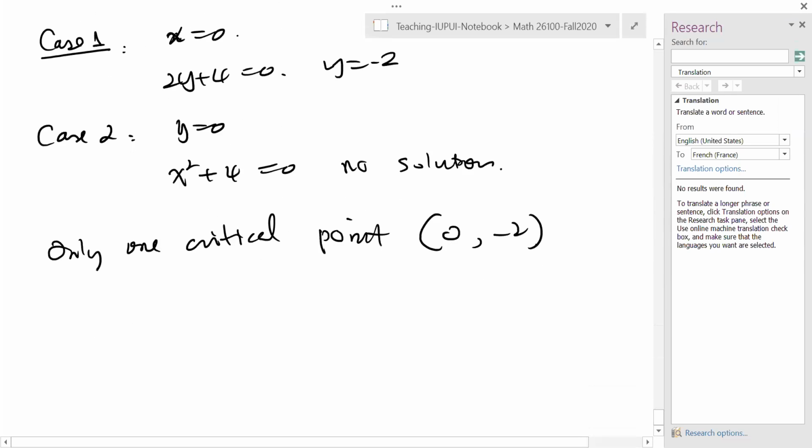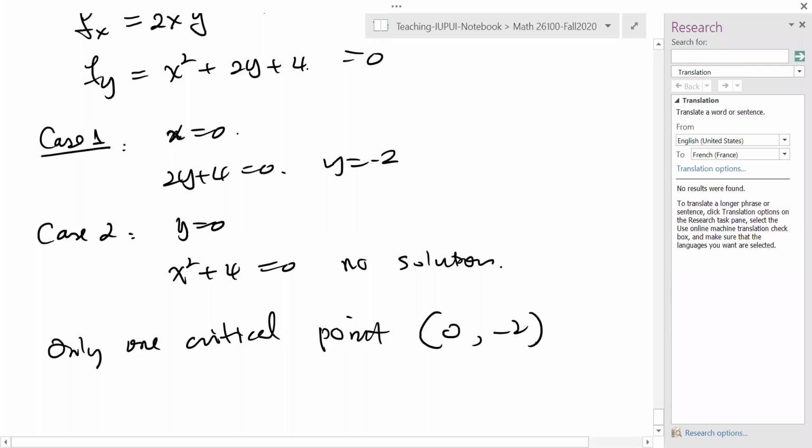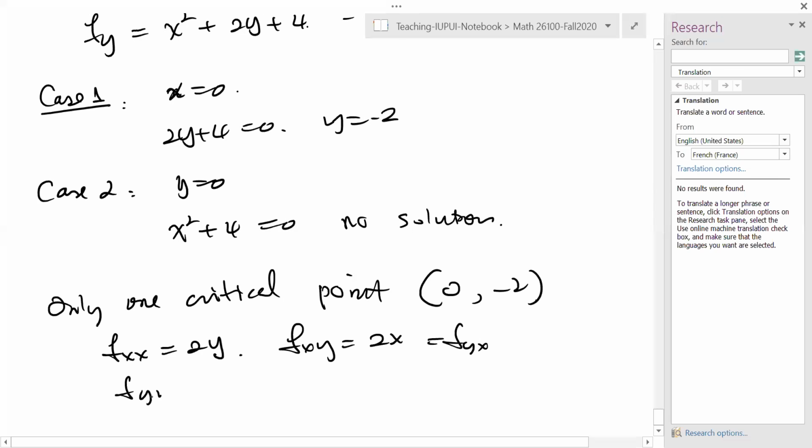Now you have to find the Hessian matrix at that point. fxx is 2y, fxy is 2x, and that is also fyx. Then fyy equals 2.